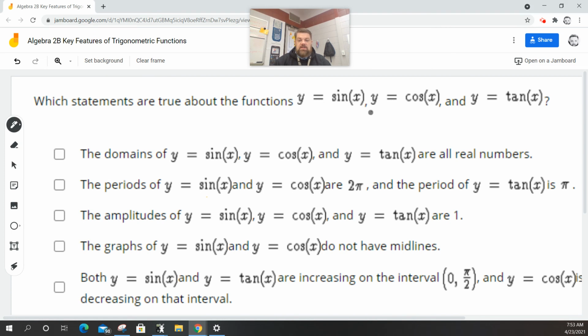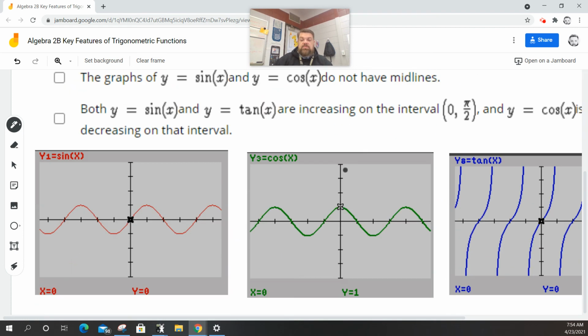Let me write this down. Tangent of x is really equal to sine over cosine. And there are points where cosine equals 0, and so when that happens, it's undefined. That's why we have the vertical asymptotes here.